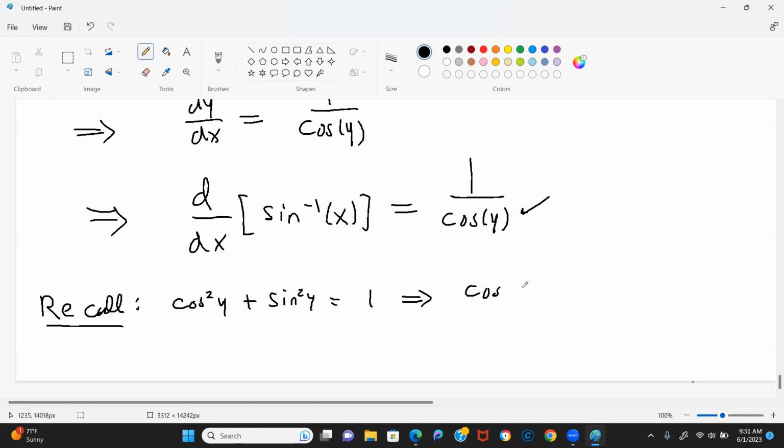So if you solve for cosine y, it's going to imply that cosine y is equal to the square root of 1 minus sine squared of y.